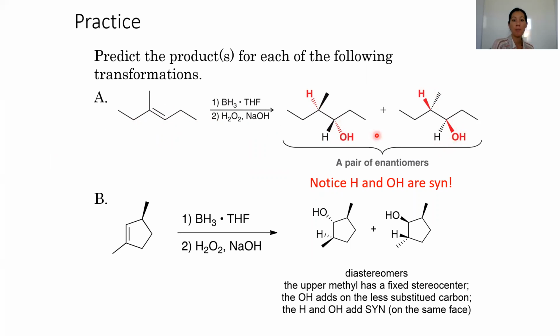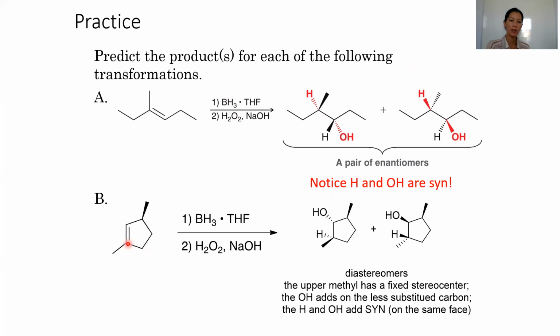And that means if the H is down, then the other group was up here. So you get a pair of enantiomers. The easiest way to do this is keep the chain, the skeletal framework, the same. Basically the parent chain the same here. And then make sure your H and OH are syn, both up or both down.